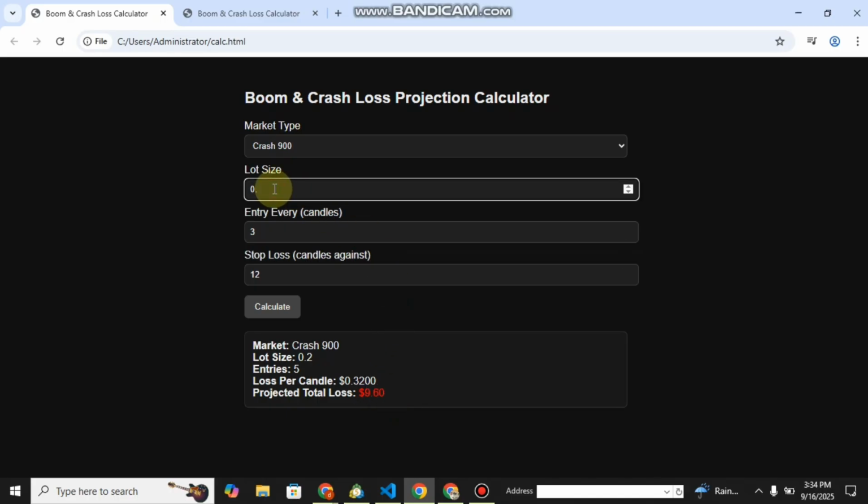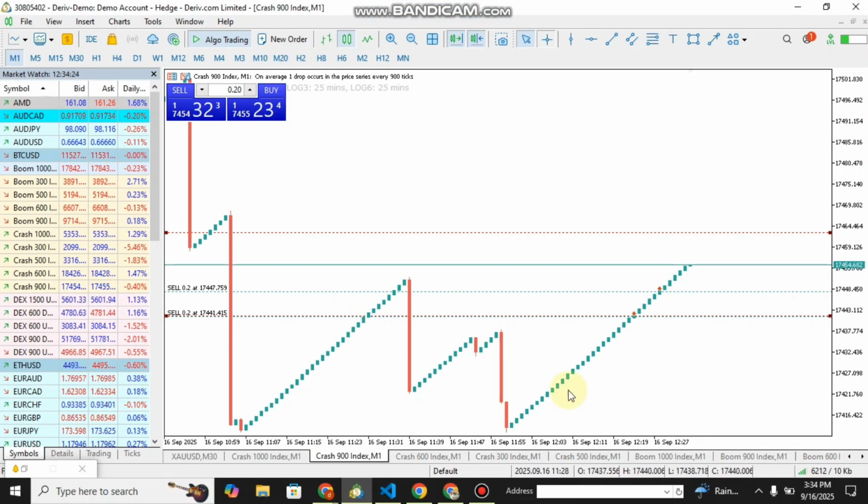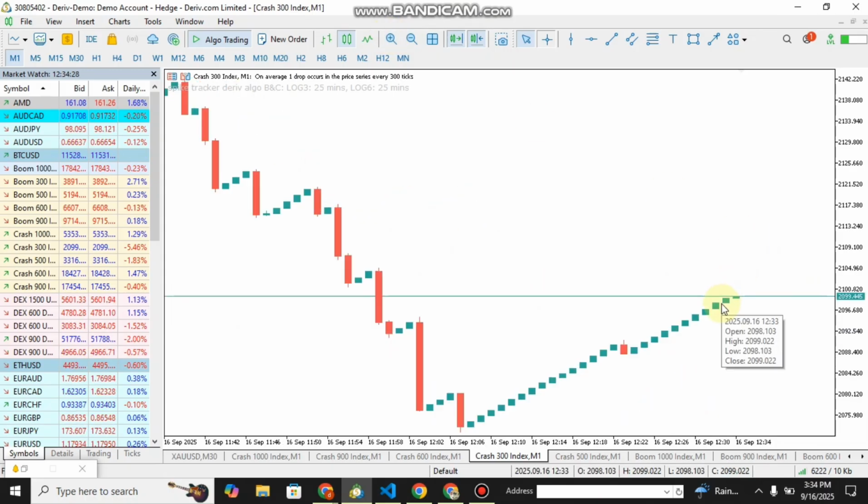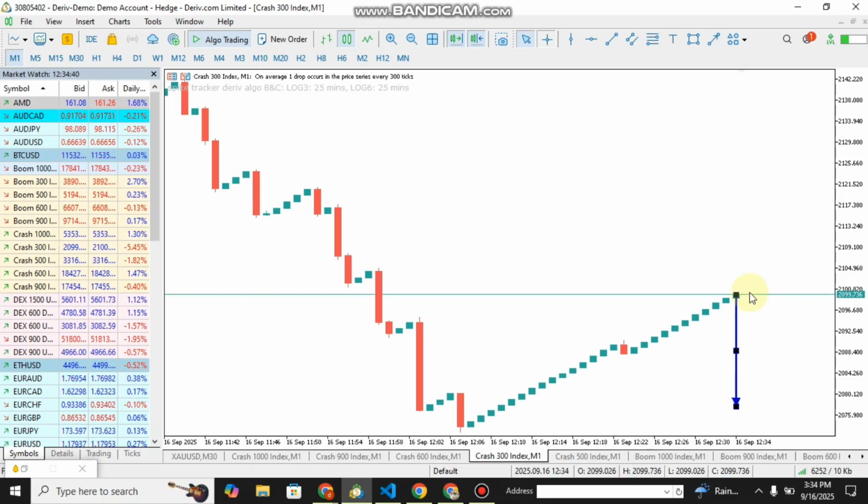What if I use a lot size of 0.5? I'll lose $24. So this is what I use to calculate myself before any execution. If I have Crash 300 and I get a signal to sell, I put my first position.